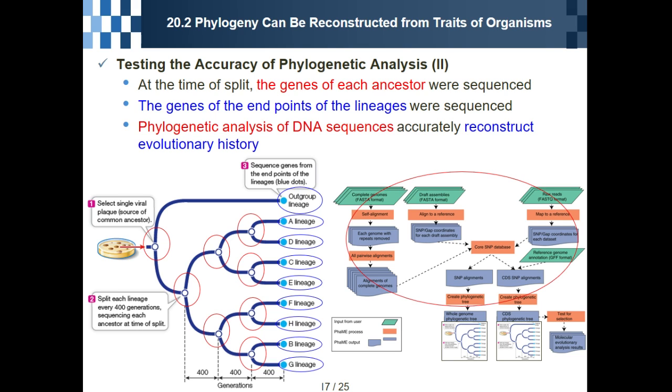This is one example showing the accuracy of phylogenetic analysis. So phylogenetic analysis of DNA sequences accurately reconstructs evolutionary history. They exactly made this kind of phylogenetic tree. I try to explain very simply. I know it is very difficult to understand.